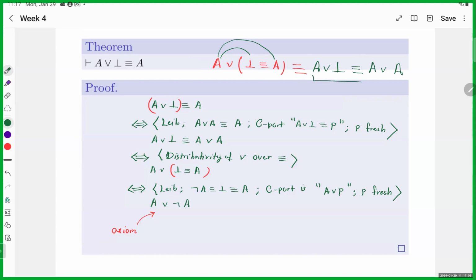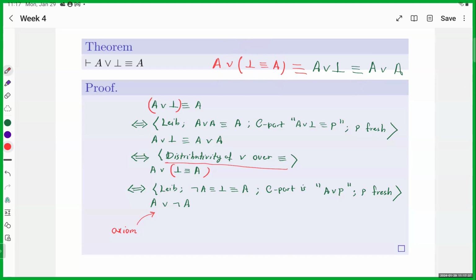Now, I had this, and I know it's equivalent to this, so I just wrote my axiom. It's an instance of the axiom; if you don't understand it, just read the annotation. I use the axiom of distributivity of disjunction over equivalence.